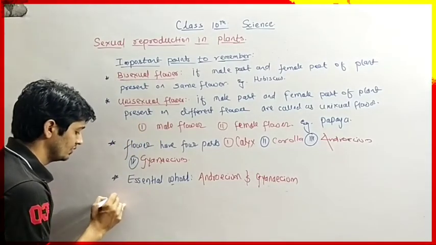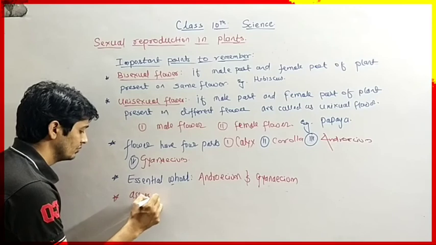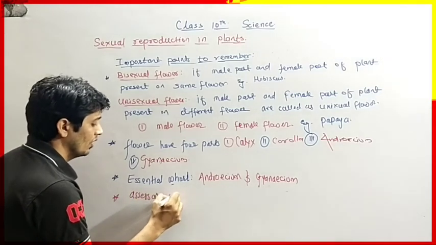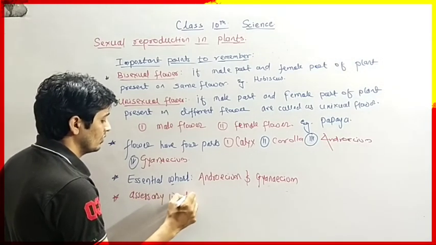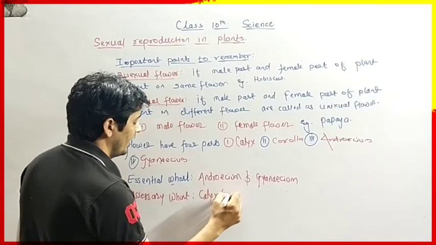Whereas accessory whorls are calyx and corolla.